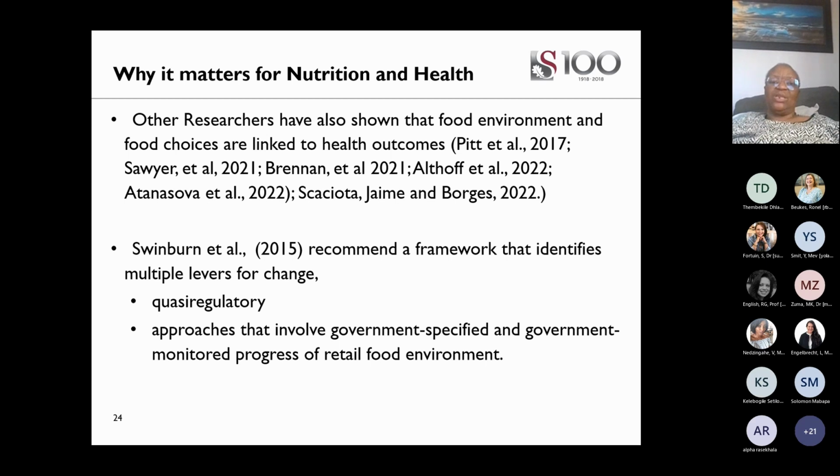We know that when it comes to food, the governments and the industry are always at loggerheads.